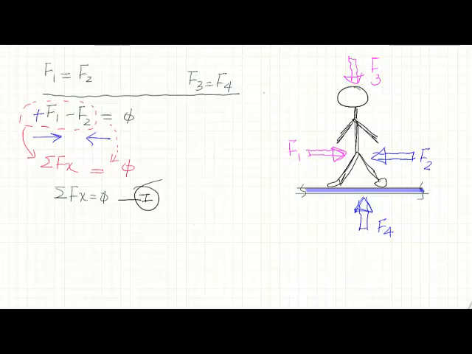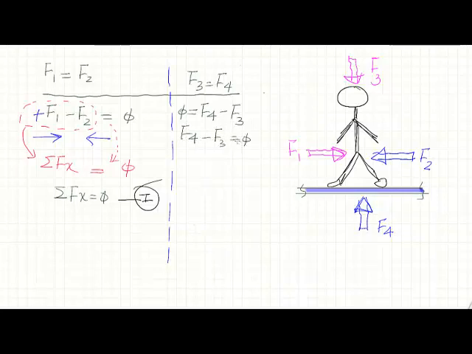Now the same thing happens to this side also. If we would like to isolate again, we say this is equal to 0, and this is F4 minus F3. We can fix it this way: F4 minus F3 is equal to 0.